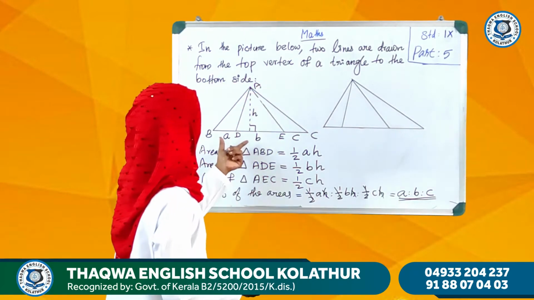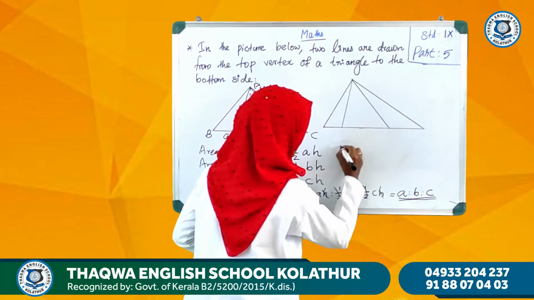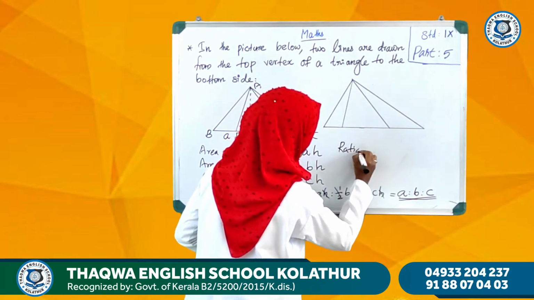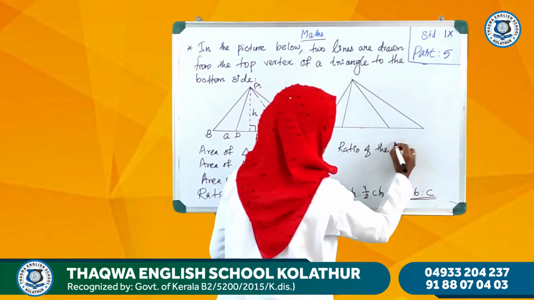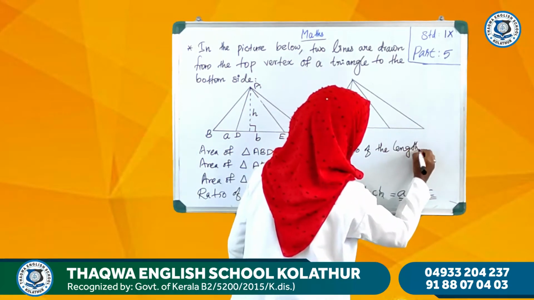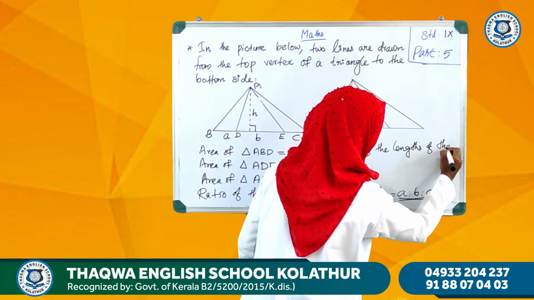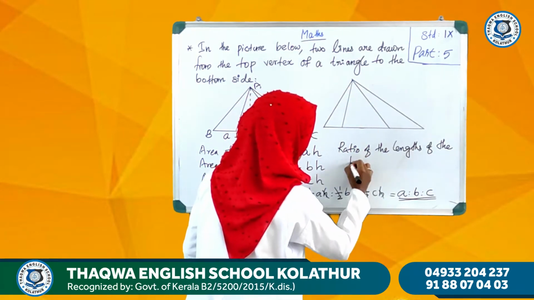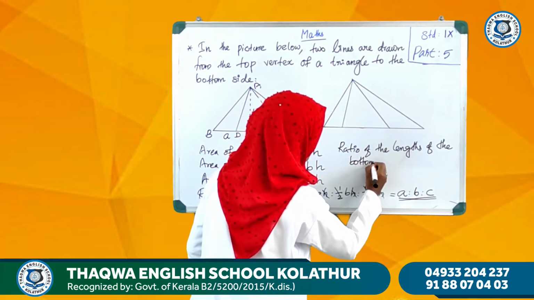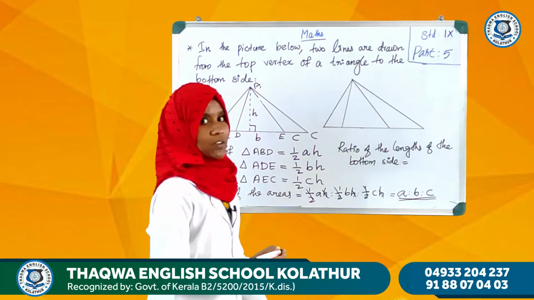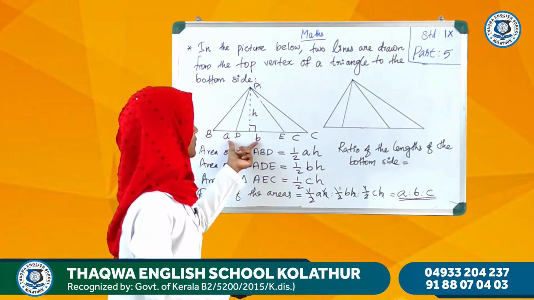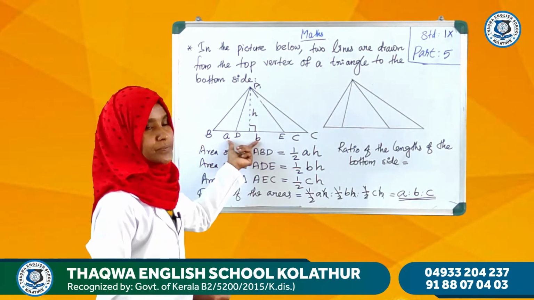Now, the ratio of the lengths of the bottom side. What is the ratio of the length of the bottom side?